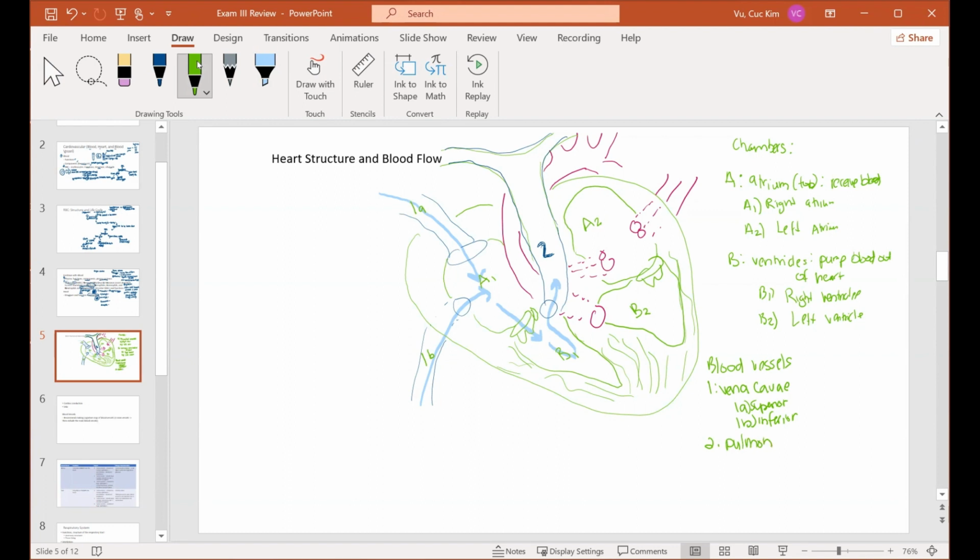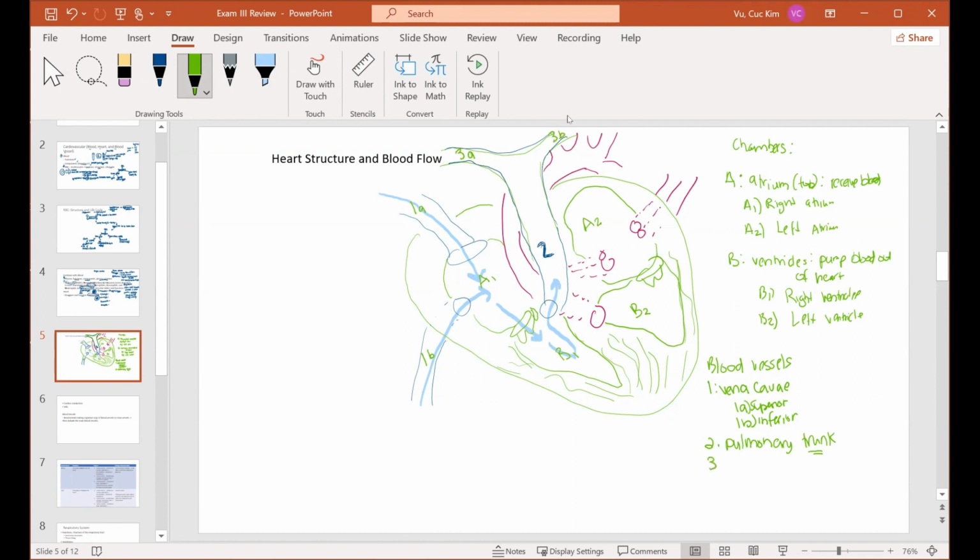Anytime it's associated with the lungs, it's usually called pulmonary. And this is the pulmonary trunk. And don't forget the trunk, because anytime you have a trunk, it's going to split. And you can see that it splits right here. As a matter of fact, it splits into this part, 3A and 3B.